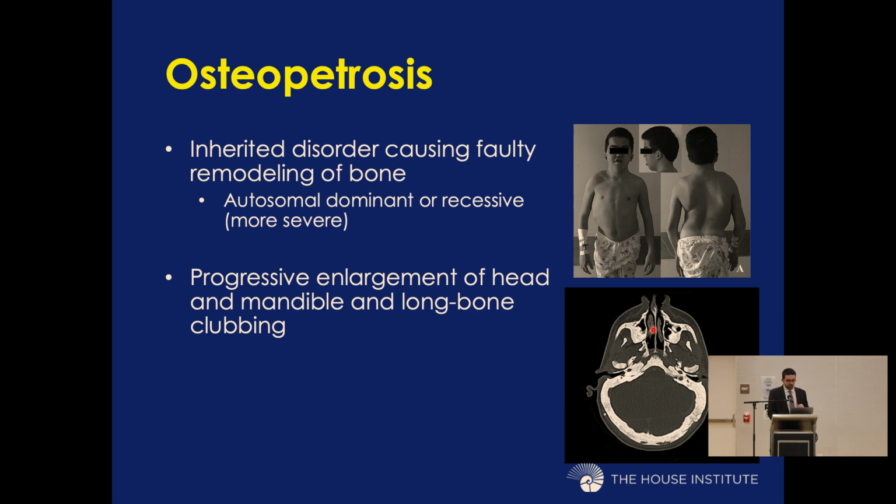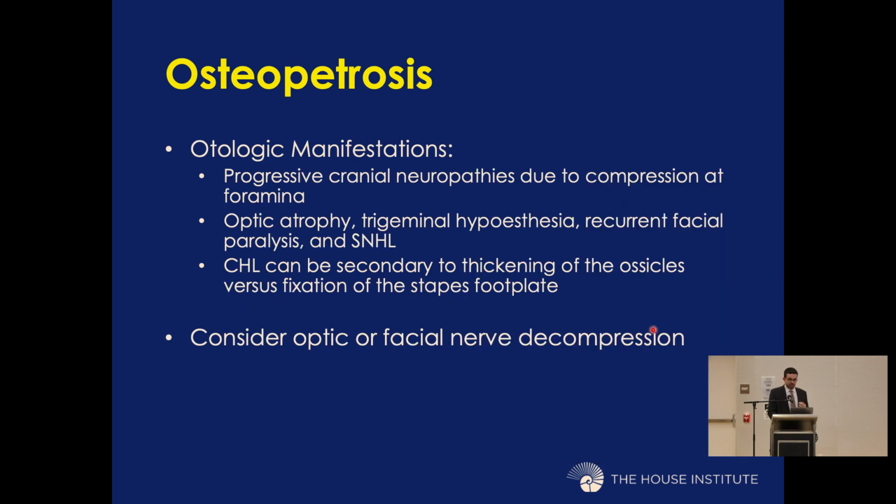These patients would have a progressive enlargement of the head, mandible, and the long bones, and they can develop progressive neuropathies. As the bone is enlarging, it can start pressing on the facial nerve. It can cause pressure on the internal auditory canal. They can end up with hearing loss, imbalance, dizziness, and facial paralysis.